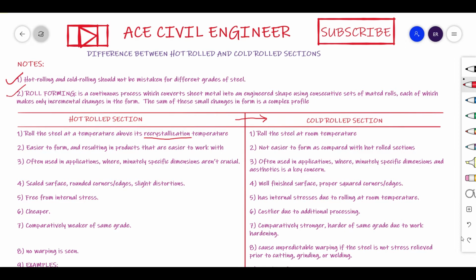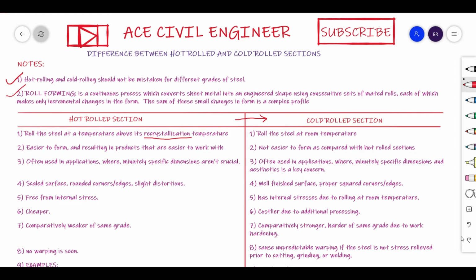Once the hot rolled section is formed, they cool it down to room temperature, and then they fold it or roll it into different shapes as per the requirement. This is the key thing to understand, the difference in the process of making these two rolled sections.